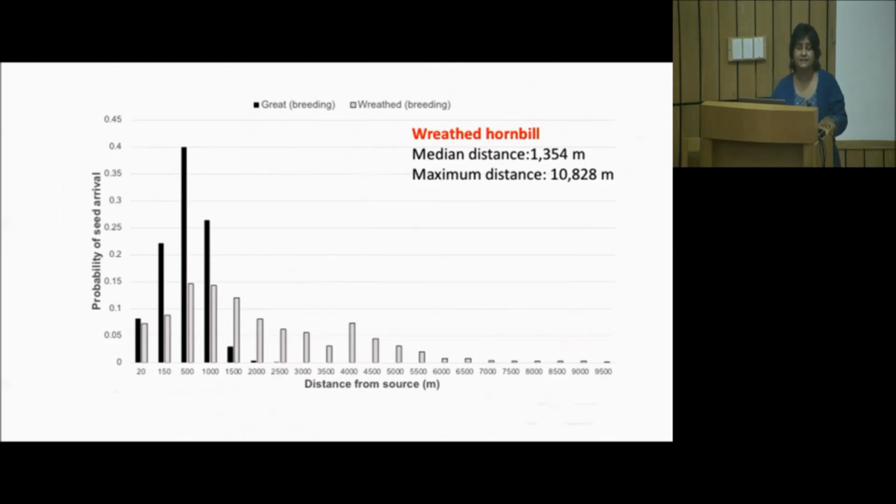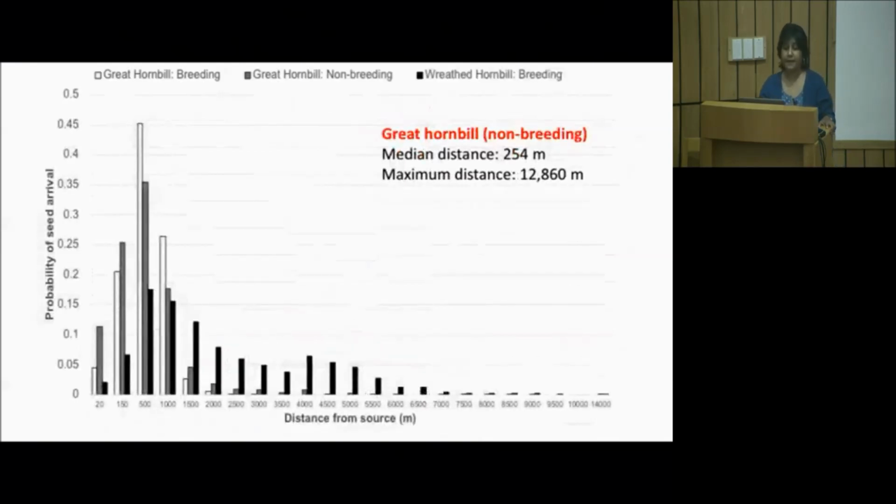The median distance was 1.3 kilometers, and the maximum distance was 10.8 kilometers. Similarly, for the great hornbill in the non-breeding season, the median distance was pretty similar to the breeding season, but the maximum distance went up to 12.8 kilometers.